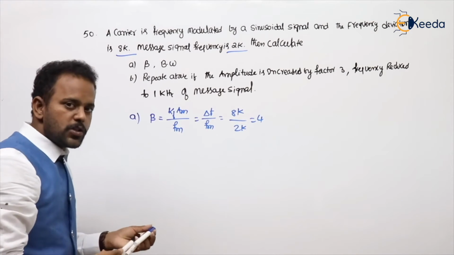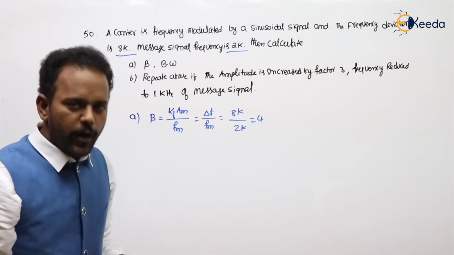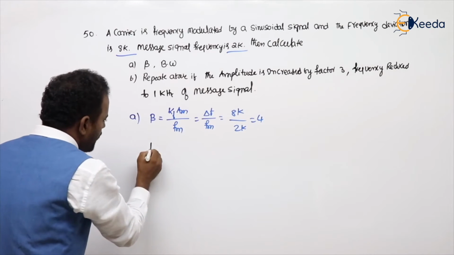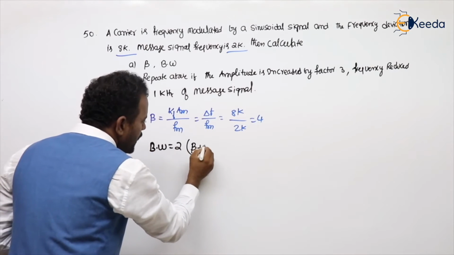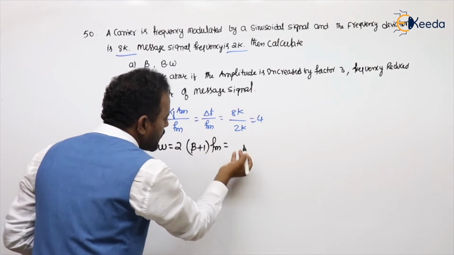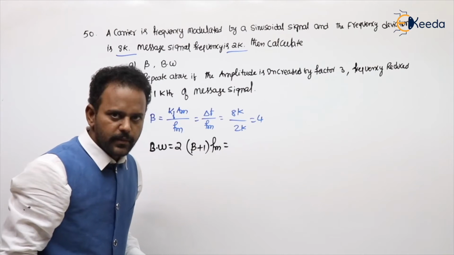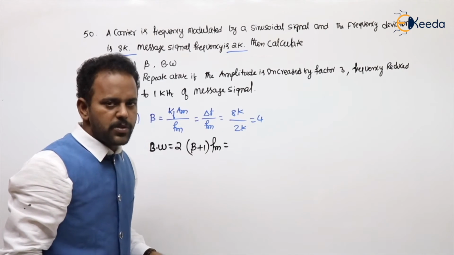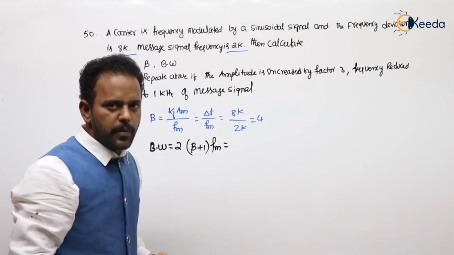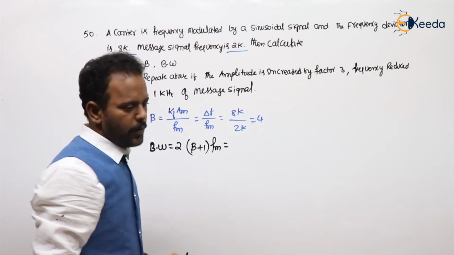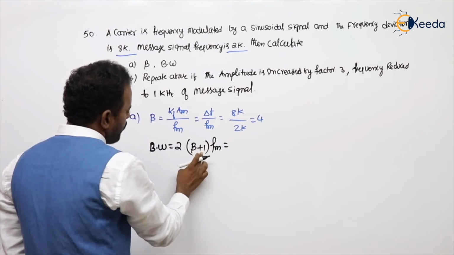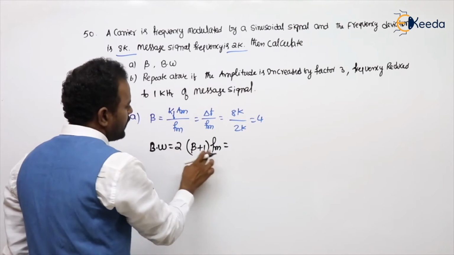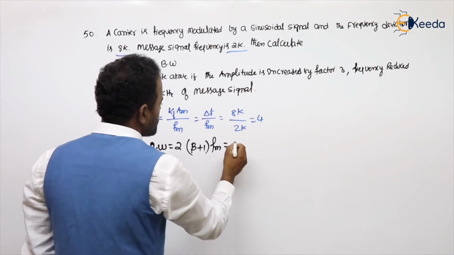Greater than 1 means, students, wideband FM. For wideband FM, what is the bandwidth formula? Bandwidth is nothing but 2 times beta plus 1 into FM. This you have to keep in your mind, and all the basic problems I am solving, and all the GATE problems I am giving you in the last. Follow. What is the beta? 4. 4 plus 1, 5. 5 2s are 10. What is the FM? 2K. 10 2s are 20.